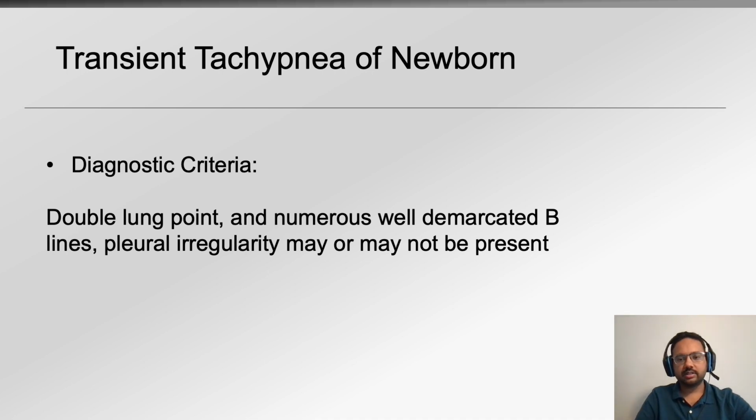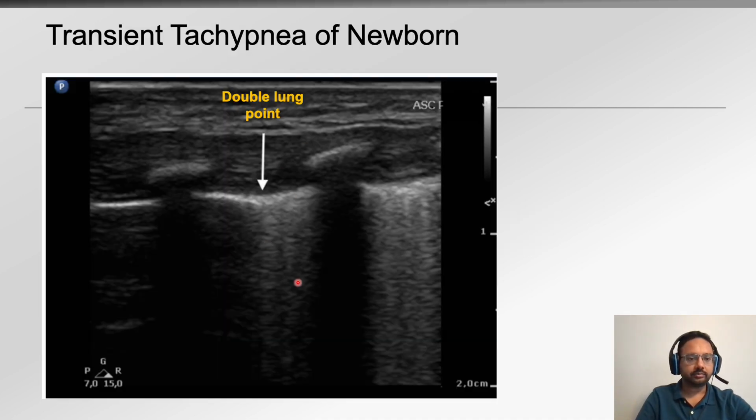So let's see what this double lung point is. A double lung point is an area where you see pleural sliding with A lines and normal lung architecture. And then you see another area adjacent to it where you see pleural sliding, but now with these dense B lines that are well demarcated.